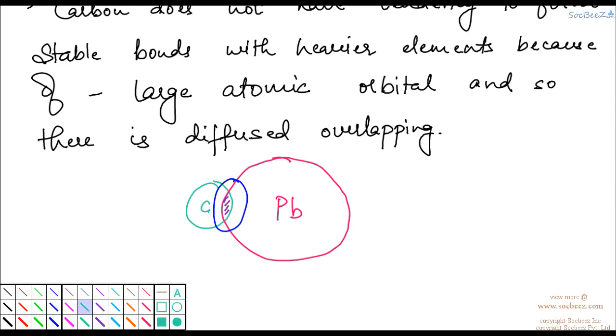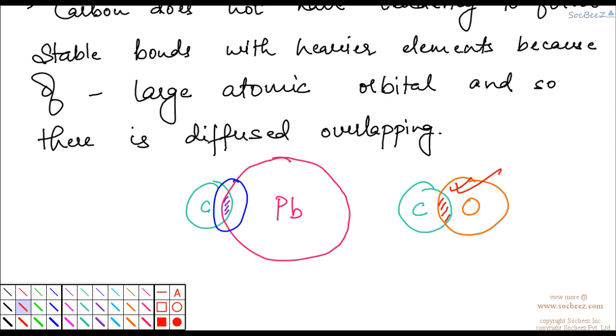But in the case of smaller elements, like carbon and say oxygen, because of the similar size, the mixing part is quite good. Therefore there is sufficient overlapping to form very strong bonds.